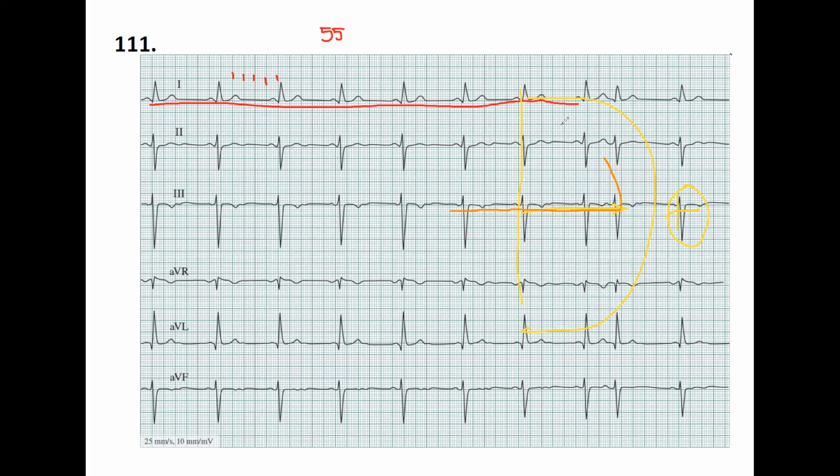So again, we are somewhere here. And what did I say? Which is the next one that you have to look at? Lead number 2, because it is exactly perpendicular to AVL, and here this is negative, so lead number 2 is negative, so we are somewhere here, yes?